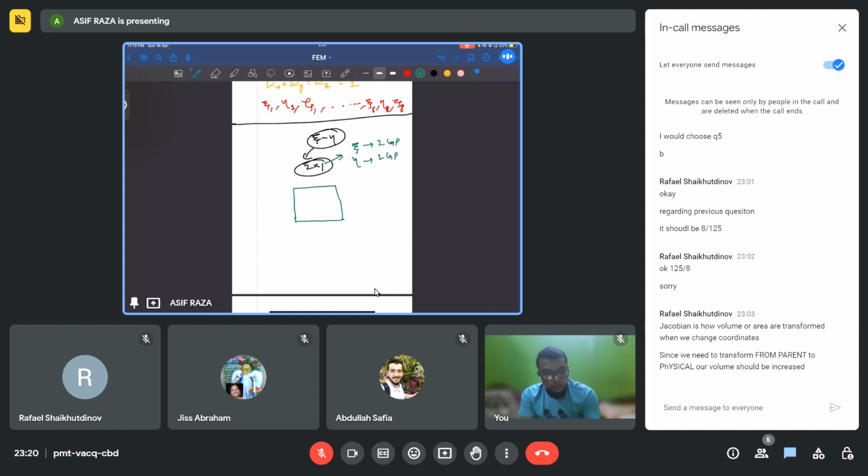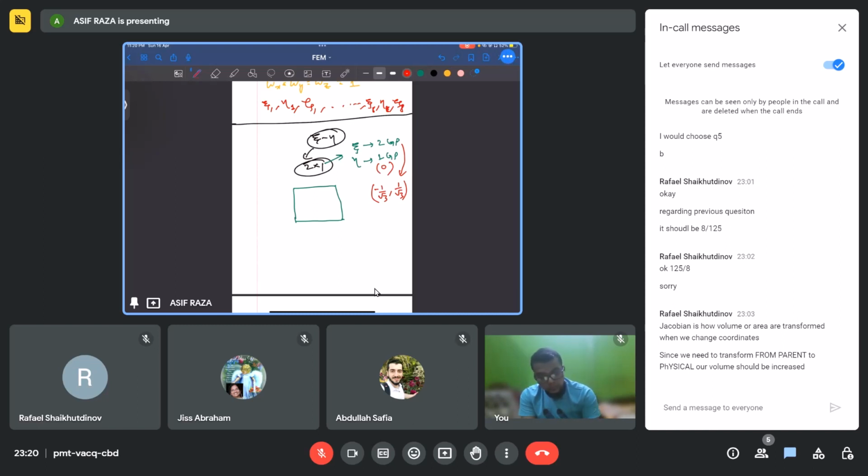If we see the table, with two Gauss points the locations are minus 1 by root 3 and plus 1 by root 3. If only one Gauss point is there, the coordinate is at 0.